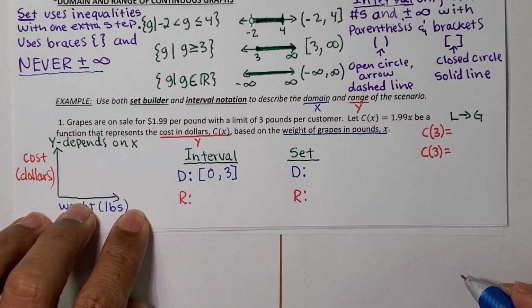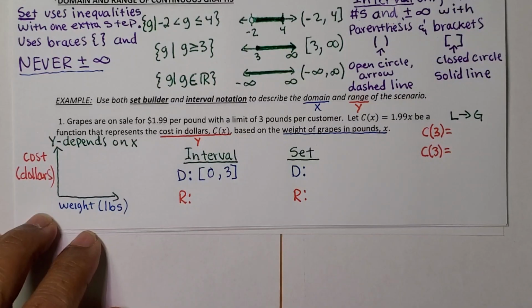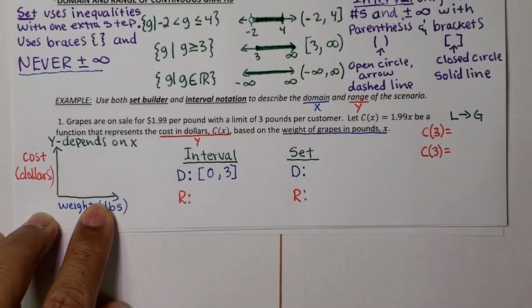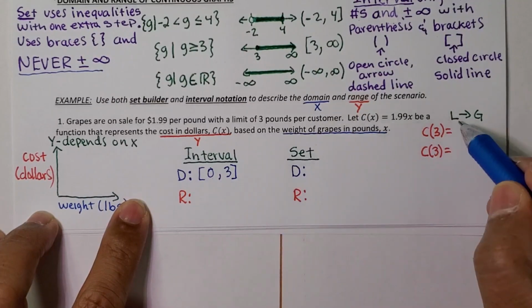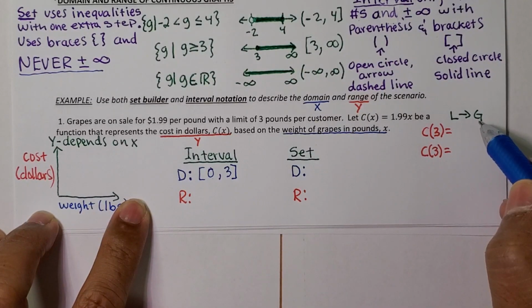All right, so before I continue with this, let me just remind you, remember I said 0 and 3? Okay, the order is always from least to greatest. That's very important.